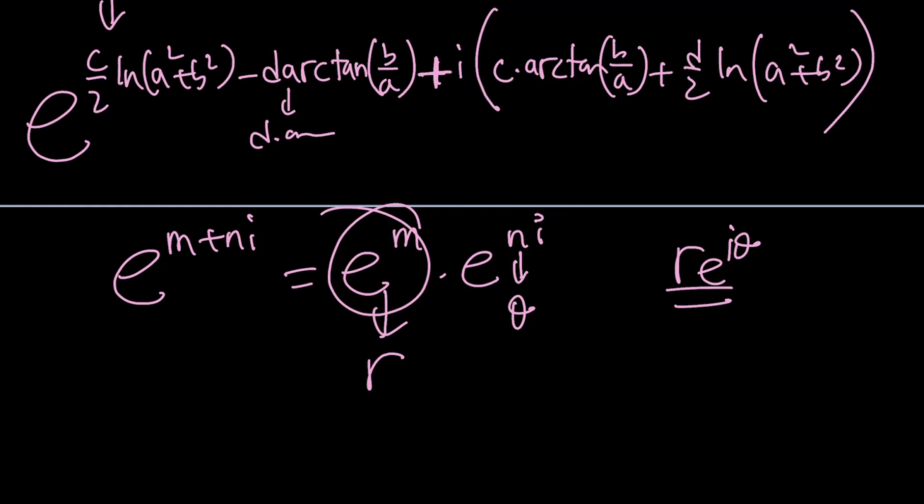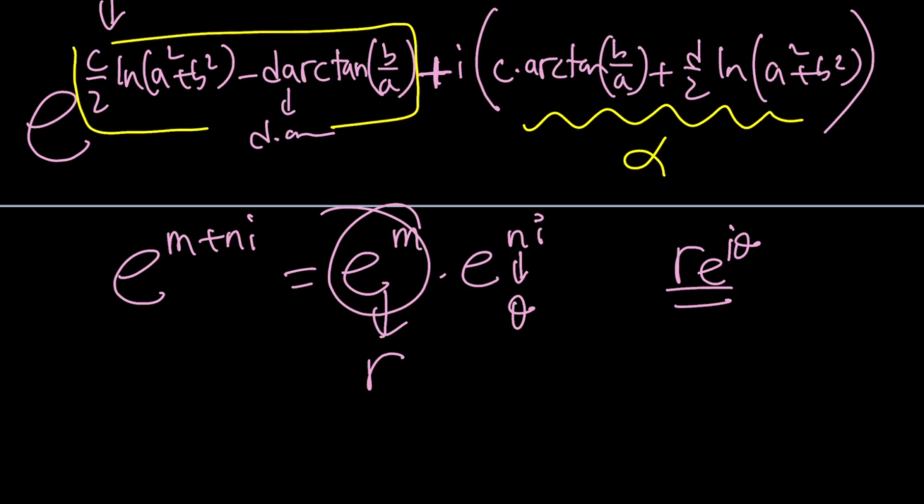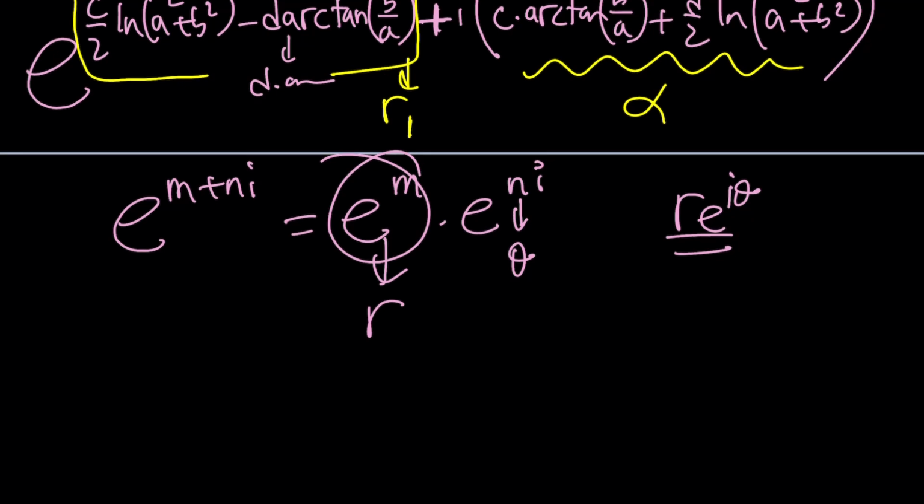So whatever multiplies i is going to be your theta for the new number. Don't get me wrong. Maybe I'll just call it alpha. And I'm going to call this one not R, but maybe R sub 1. Okay, how about that? And R sub 1 is just the modulus for x plus yi, right? In other words, the square root of x squared plus y squared.